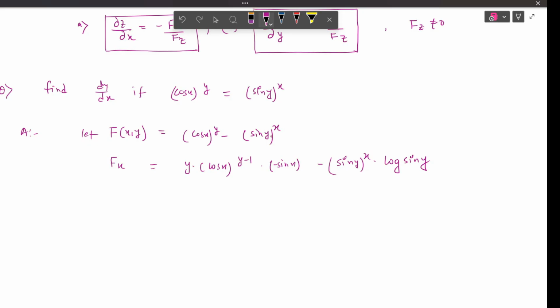So this is in the a to the power x format, and the differentiation of a to the power x is a to the power x log of a.